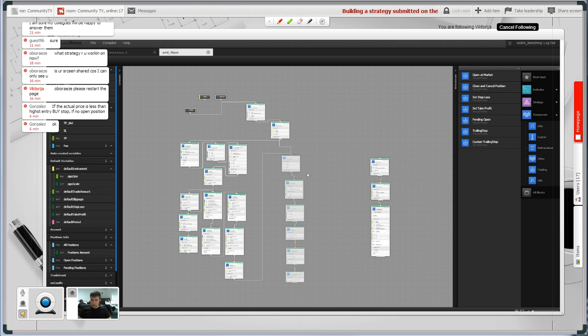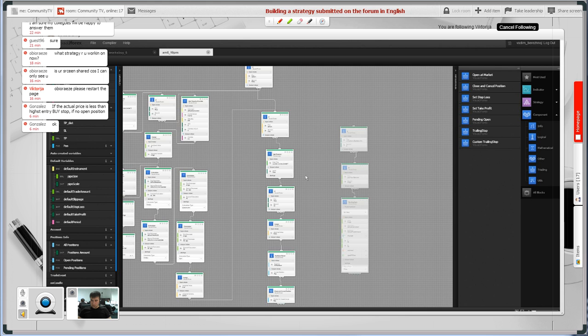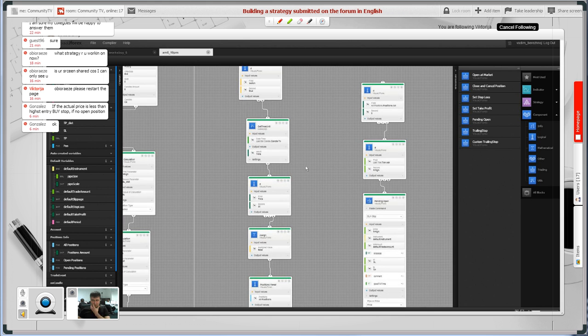And if time is, here we place it. If current time is above 6 AM and below 10 PM, then we will trade. So it will go from here to there. What a mess.